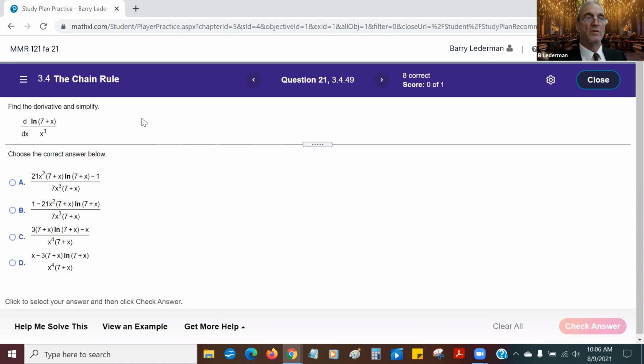Alrighty. Let's see. Okay, this one, what a pain. This is going to be quotient rule. Where did 7 come from? It's going to be 7. Oh, wow, what a pain this is going to be. Okay. Let's just take a quick look here.